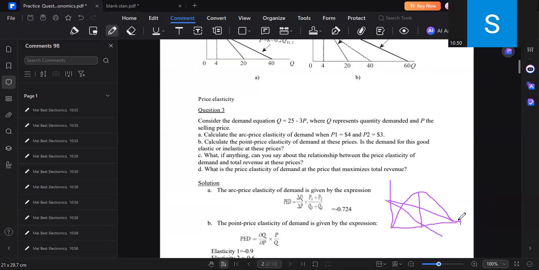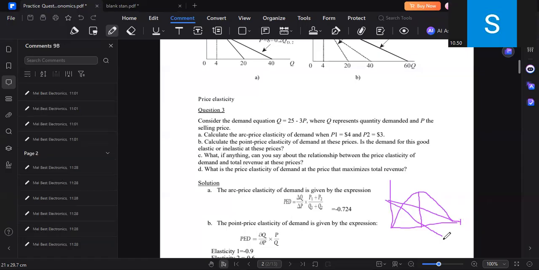So average revenue is here, marginal revenue is here.